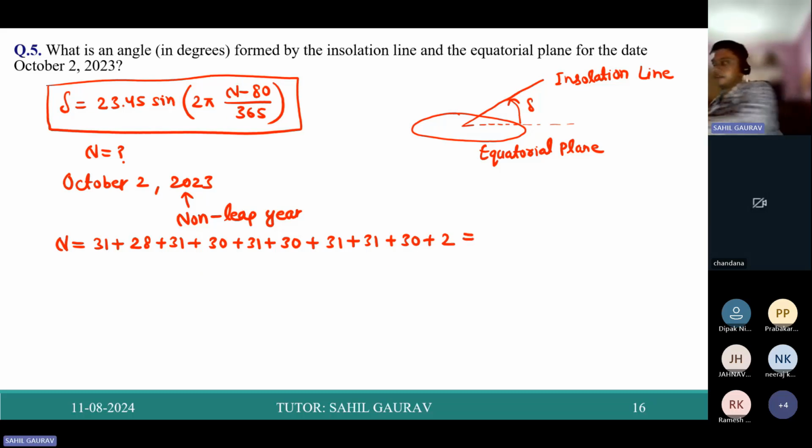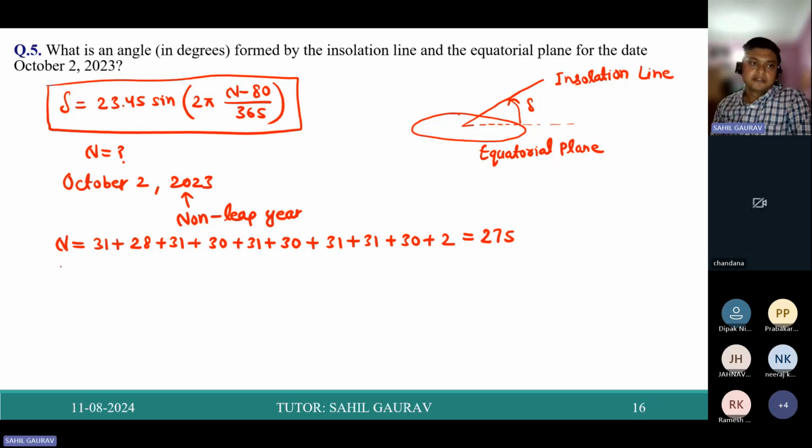If you sum all this, 31 plus 28 plus 31 plus 30 and so on, it comes to 275.